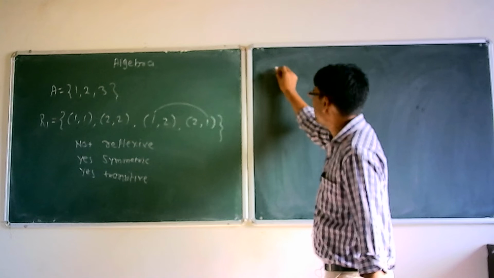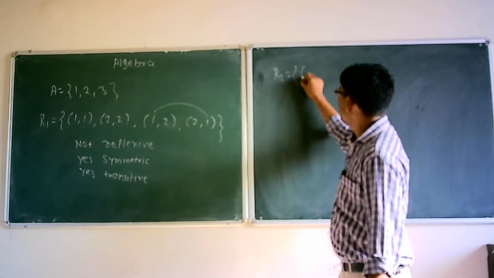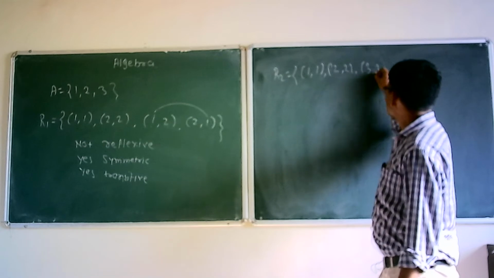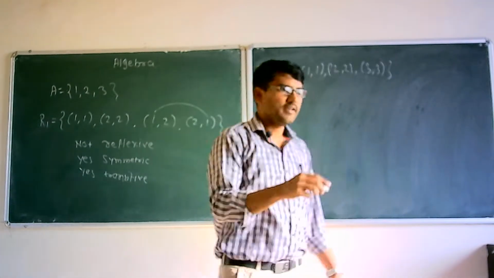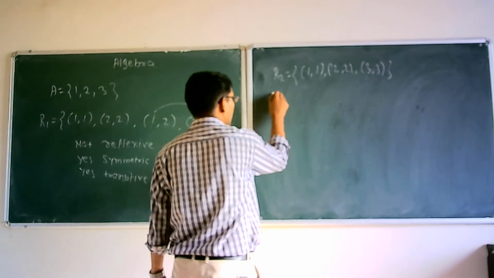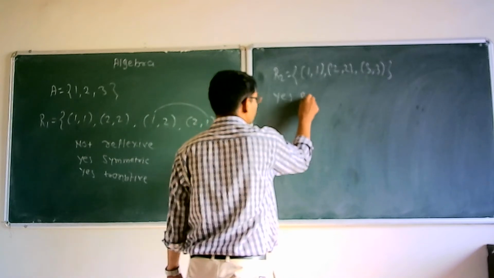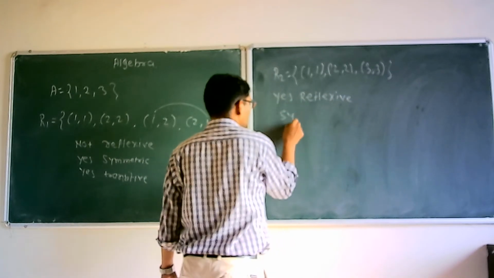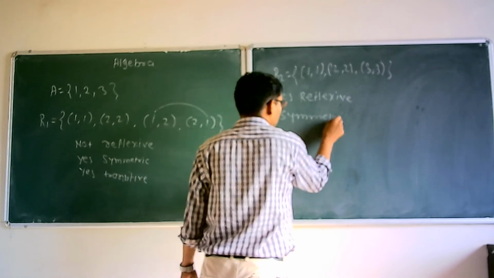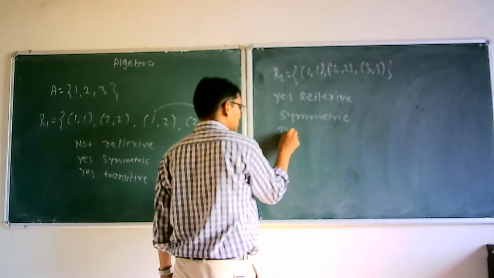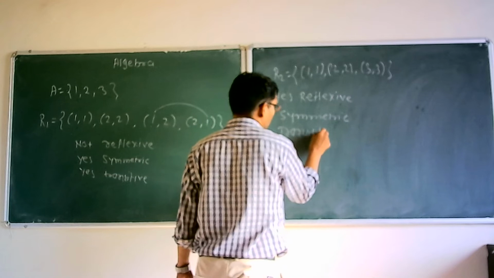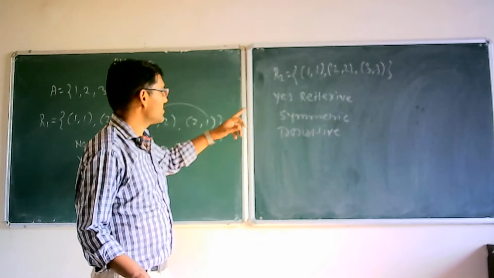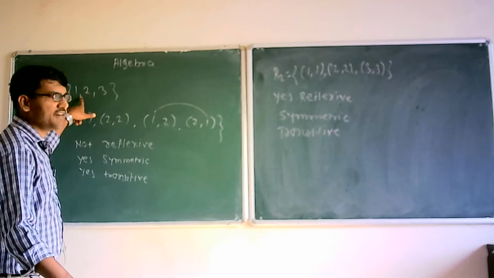Take one more example. Suppose R2 is equal to {(1,1), (2,2), (3,3)}. Yes, this is reflexive, it is symmetric, and it is transitive also, and therefore it is an equivalence relation, because every element is related to itself.